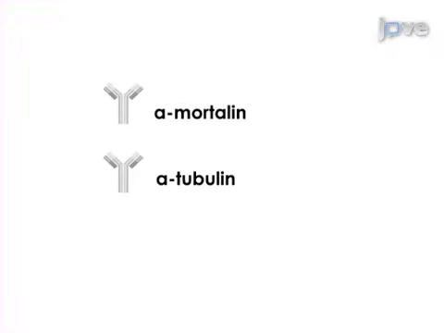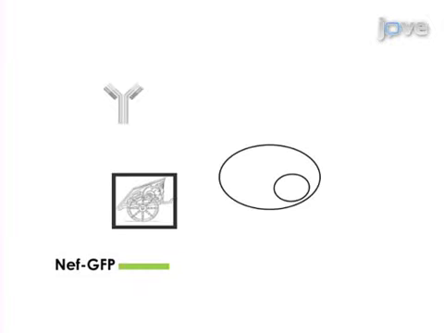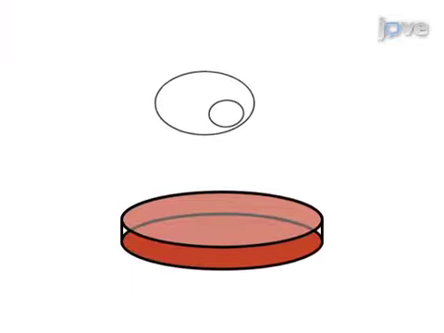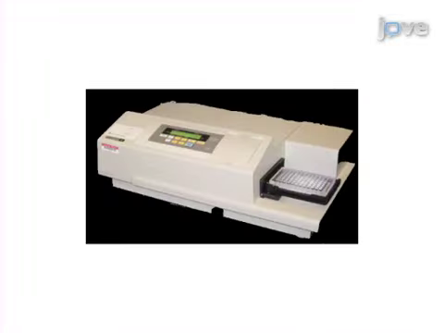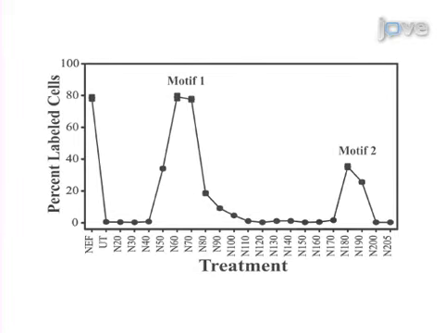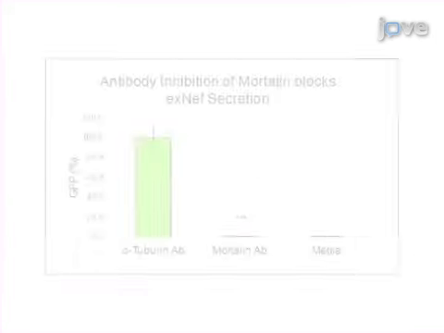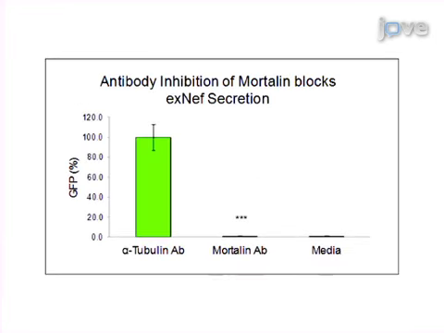Finally, to test whether these interactions affect secretion, antibodies against identified binding partners are transfected into cells to assess whether they antagonize Nef motif secretion. The results obtained identify 2 functional apoptotic motifs in Nef and an inhibitor peptide that antagonizes a functional Nef secretion motif, as well as its cellular binding partners required for secretion.